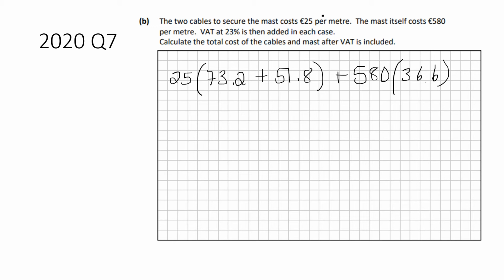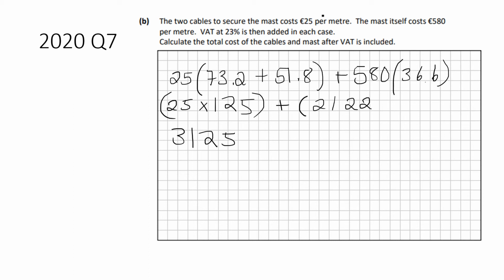So if I add 73.2 plus 51.8 together, that gives me 125. So 25 times 125 is 3,125. And then if I add 580 multiplied by 36.6, that's 21,228.